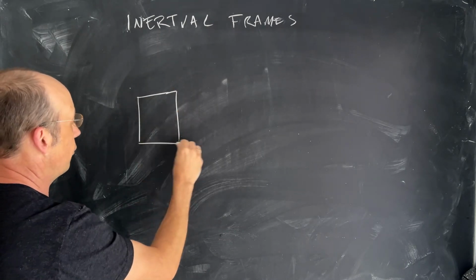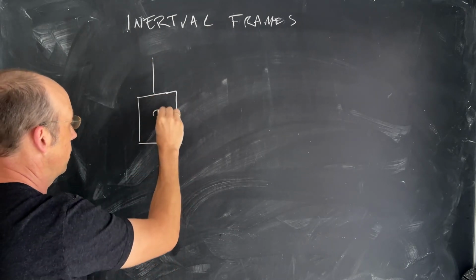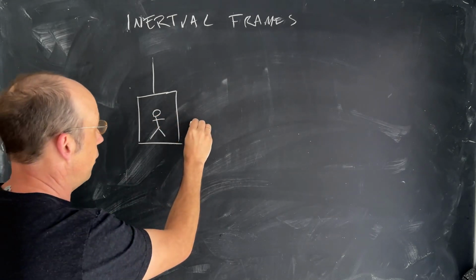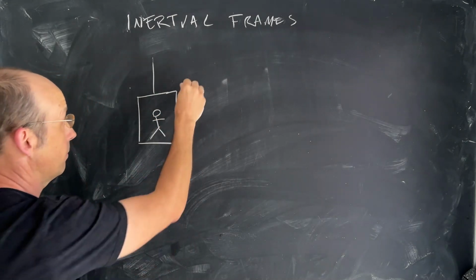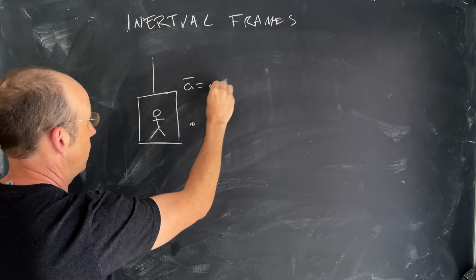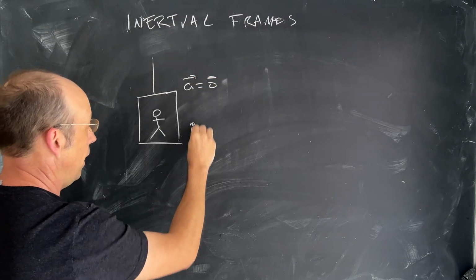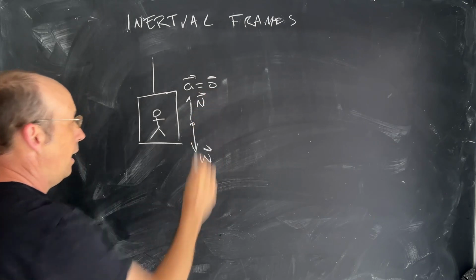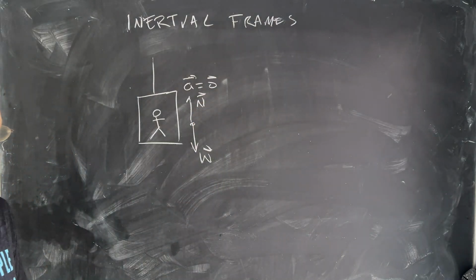Here's a person standing in an elevator, and if the elevator's at rest, I have the weight, and then I have the normal force. And those two are equal, because the acceleration is 0.